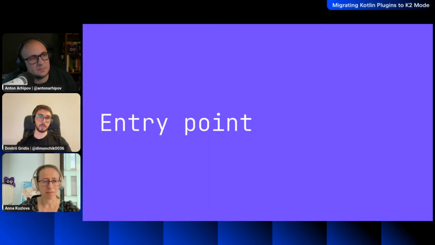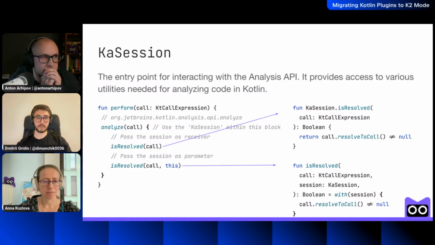The main entry point to the Analysis API, as already shown, is the analyze block. What does it mean? It helps us jump into a block where we have a KaSession, and basically the KaSession is the entry point.